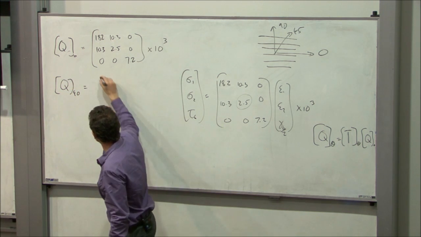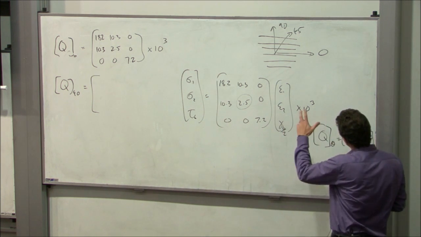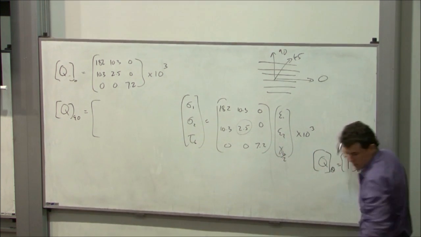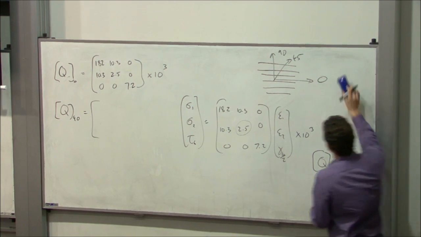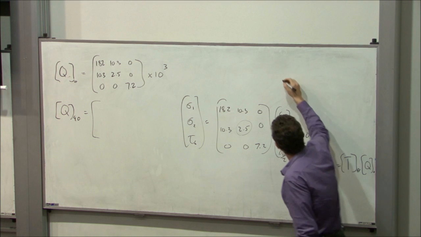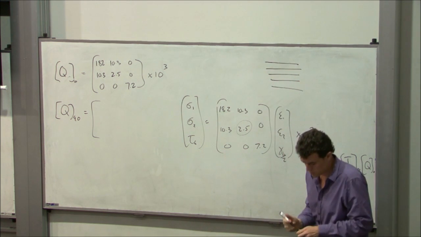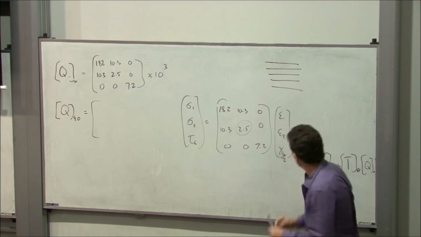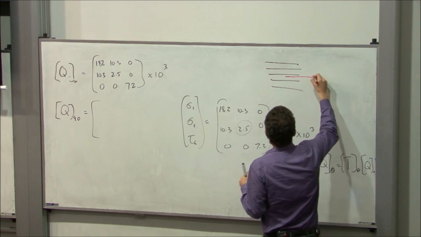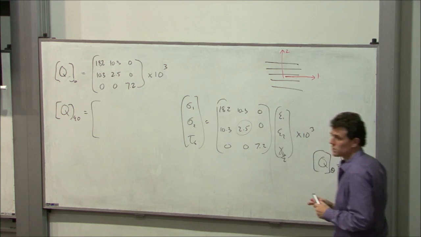Now let's think about this. If we wanted to work out the Q in the 90-degree direction, we had a coordinate system that was 1 and 2 like this.